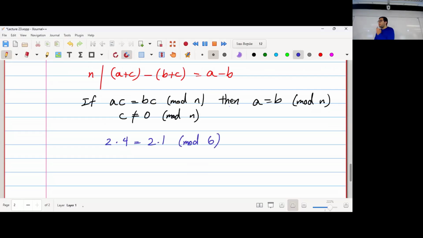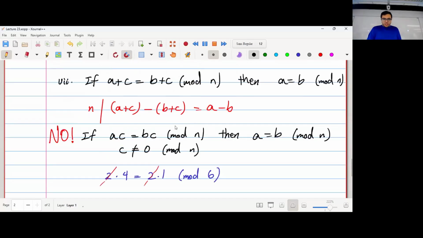Okay, these two are equal. You agree? Because 2 times 4 is 8. Its remainder when divided by 6 is just 2. And of course, 2 times 1 is just 2. Right? But I cannot cancel the 2 from both sides. Because if I cancel the 2 from both sides, I get that 4 is the same as 1 modulo 6, and it's not. Okay? So in general, the answer here is no. We don't have this. Don't do this.